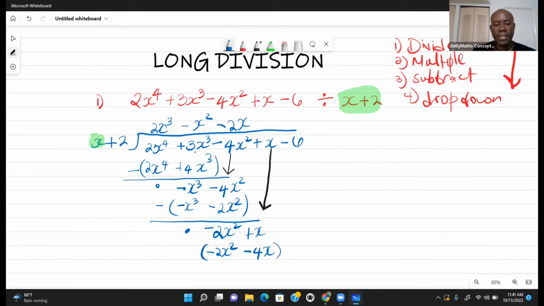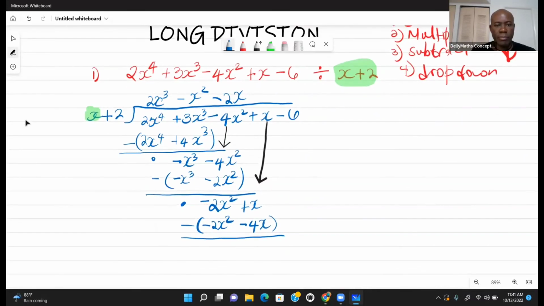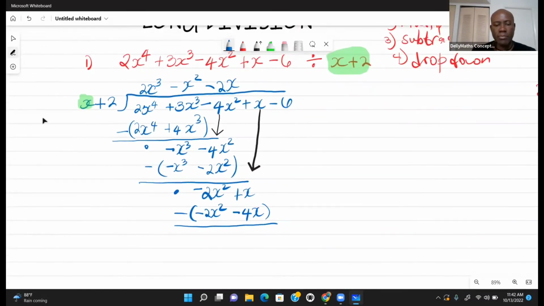We put our bracket and subtract. Negative 2x squared minus negative 2x squared gives us 0. Then x minus negative 4x is going to be a plus 4x, so we get 5x. Lastly, we bring down the negative 6.